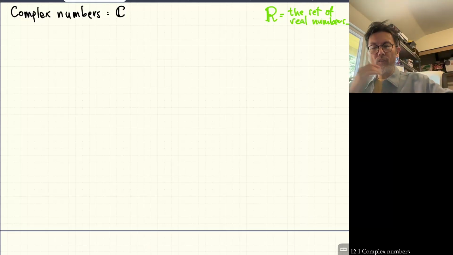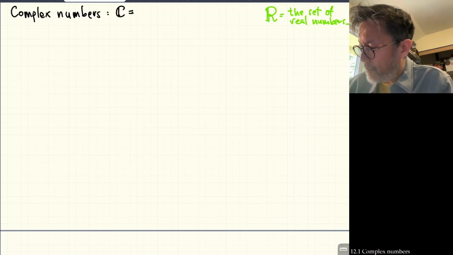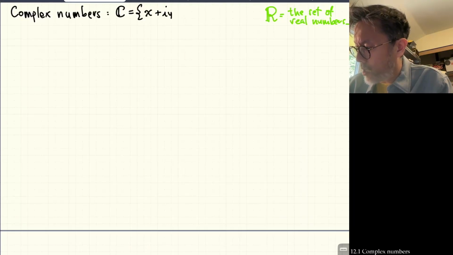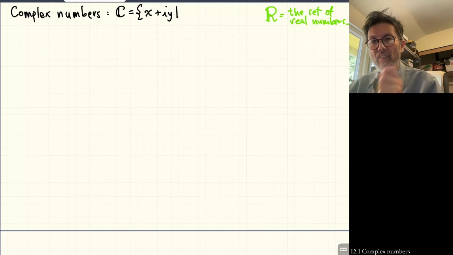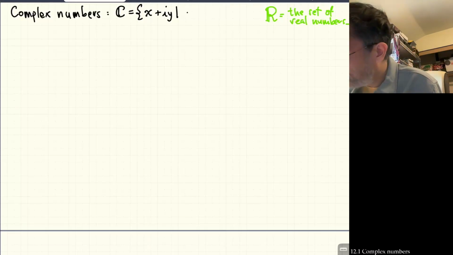As we start working with them, you will start to develop your intuition around these objects. The complex numbers are, by definition, the set of all numbers of the form x plus iy, where x and y are real numbers.